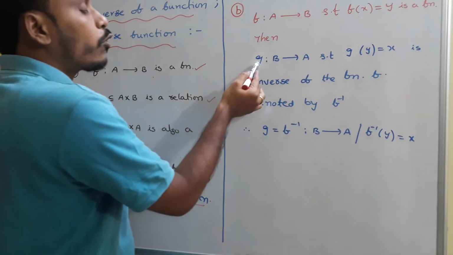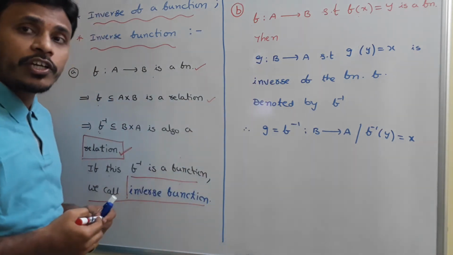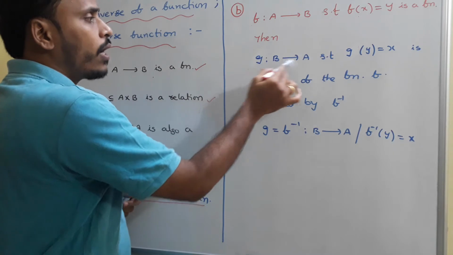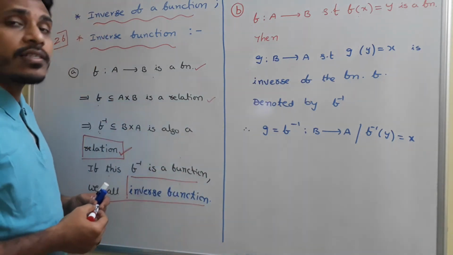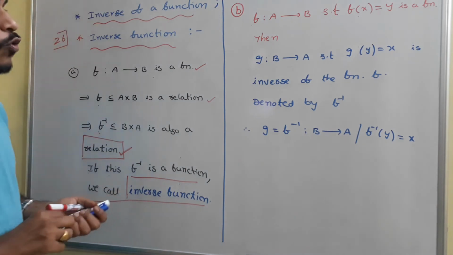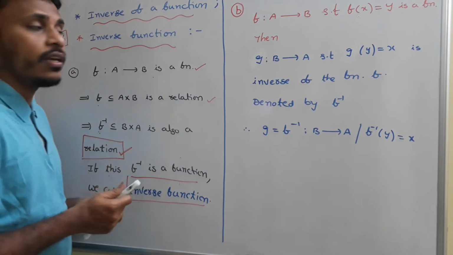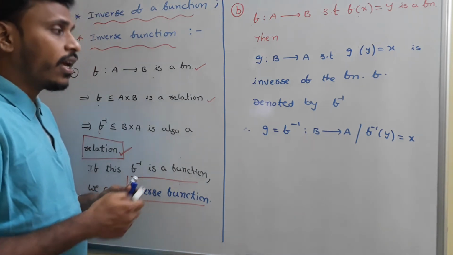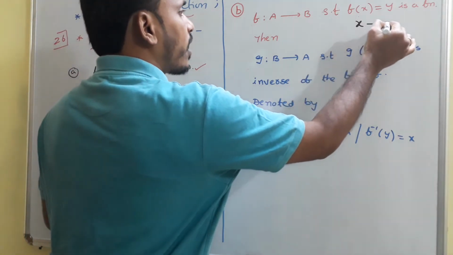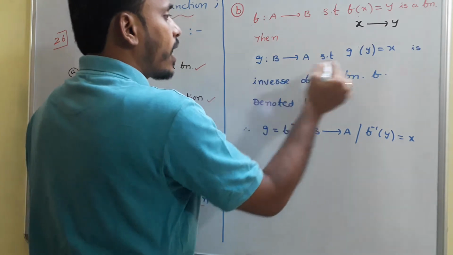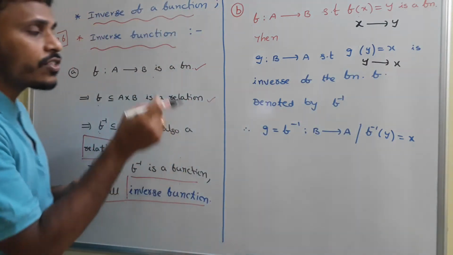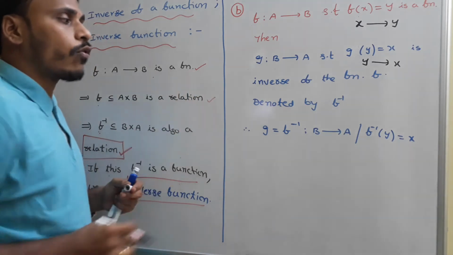Then suppose you have another function g from B to A, where f connects x to y, and g connects y to x. Then we call that g the inverse of the function. Here f is just connecting x to y, whereas g is connecting y to x.